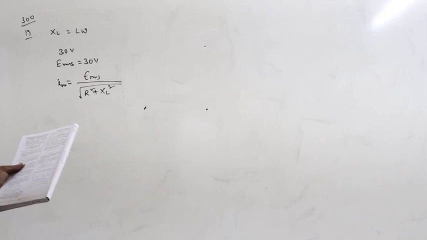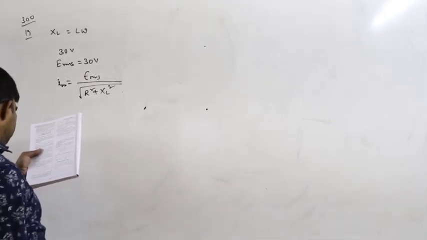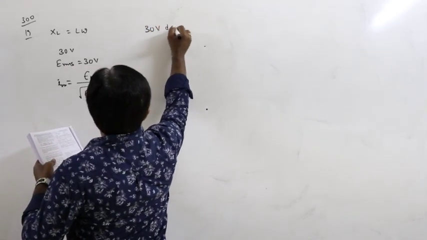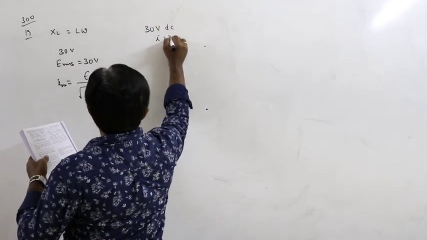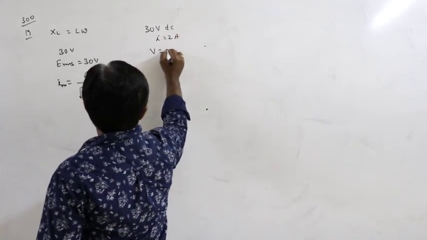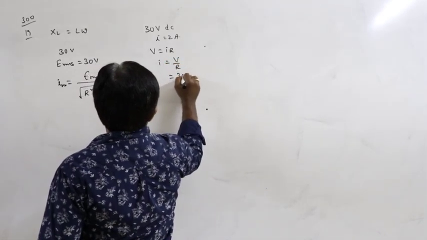Now in the case of 30 volts DC, current equals 2 amperes, given. So from V equals IR, I equals V by R, R equals V by I, which is 30 by 2.